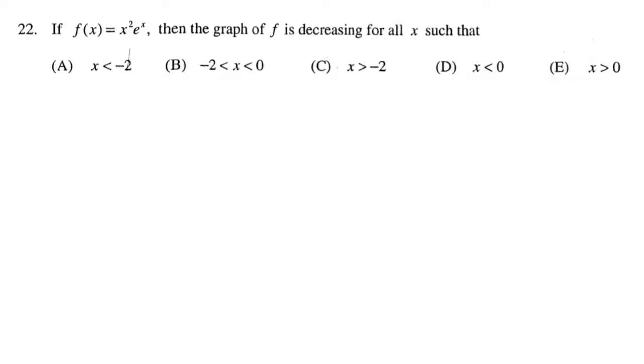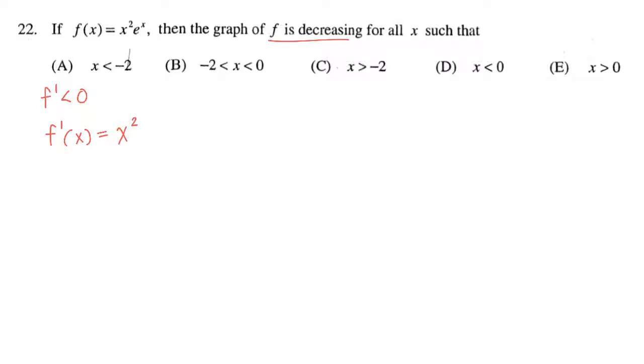All right, so here we're looking for the interval in which f is decreasing, and really the fastest way to do that is to find where f prime is negative, because if f prime is negative, we know our original function is decreasing. So let's work through that derivative.